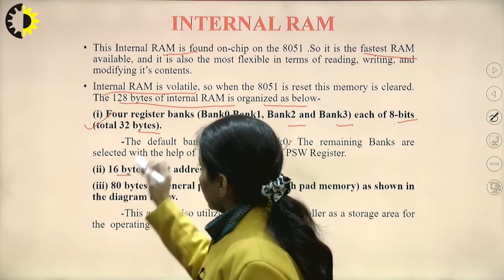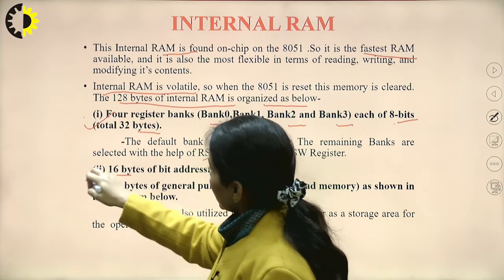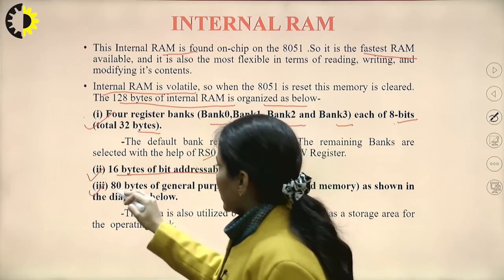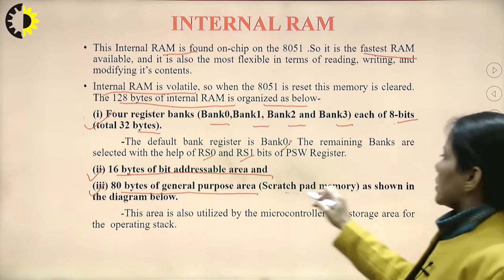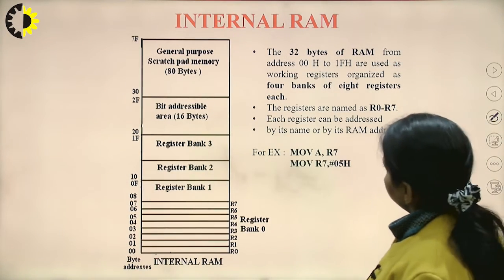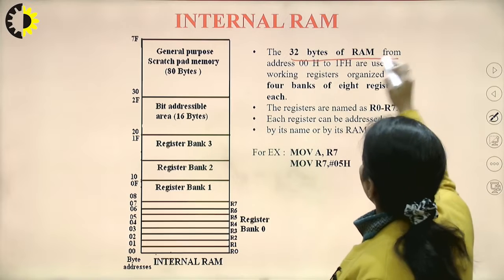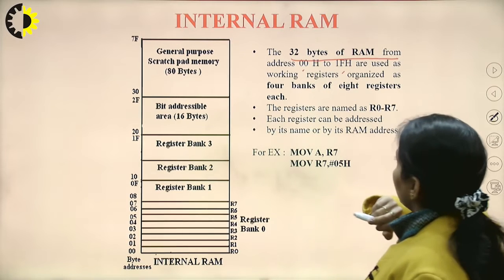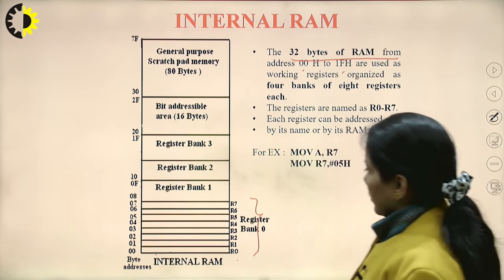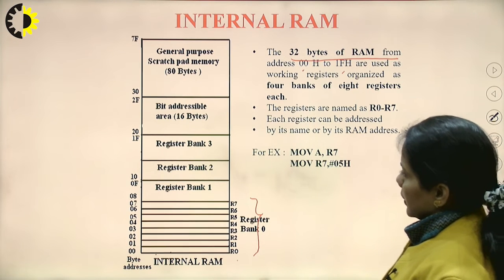So first is the register banks, second is the 16 bytes of bit addressable area, and the third one is the 80 bytes of general purpose area, that is scratchpad memory, as shown in the diagram below. The 32 bytes of RAM from address 00 to 1F is used as working registers. The register bank 0 is shown expanded here.